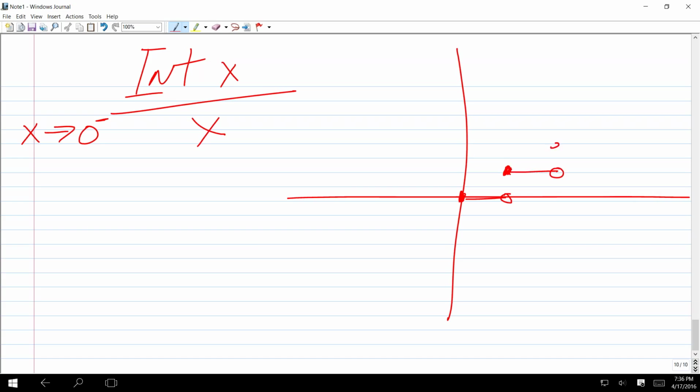It's the greatest integer function, right? Yes. So as we approach 0 from the left side, what's the limit?